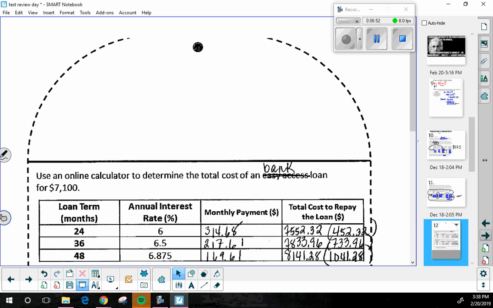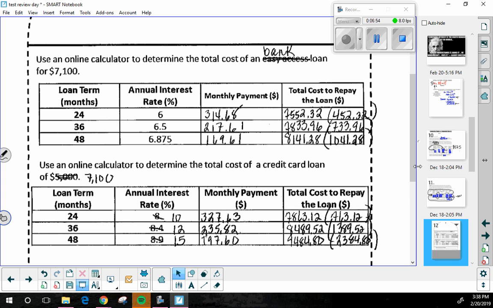And then the other thing we learned was how to figure out the cost of a loan. And we did that with an online banking calculator. And we plugged in our principal, we plugged in the term, so we either put 2 years there or we put 24 months. We plugged in the interest rate, we hit calculate, y'all remember doing that? Boom, up popped a monthly payment.